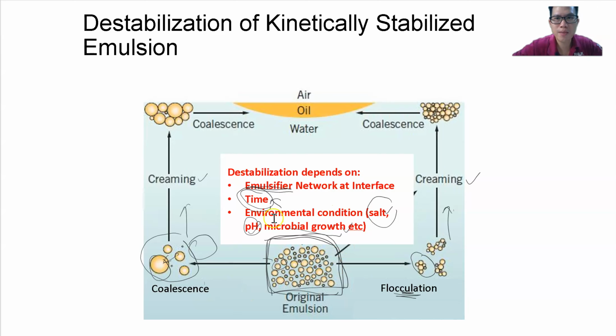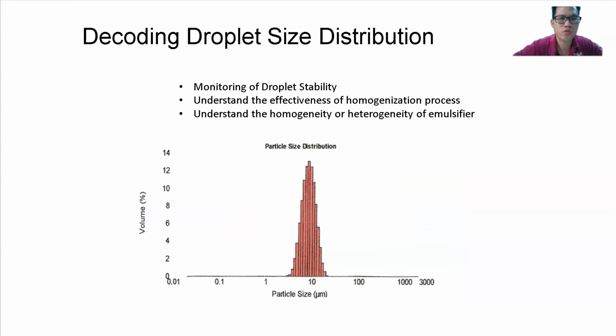All these destabilization mechanisms, you can actually use a droplet size analyzer or particle sizer to track or monitor. So you can use the particle size to monitor the droplet stability. For example, originally the curve is here, then you can see that it shifted.